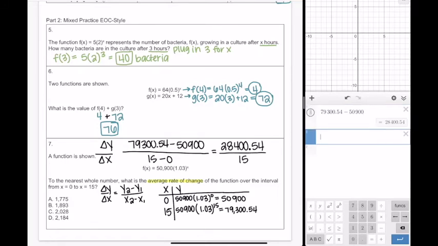So now we're going to divide 28,400.54 divided by 15. So that's 1,893.36. So we are going to say that is 1,893 rounded to the nearest whole number.